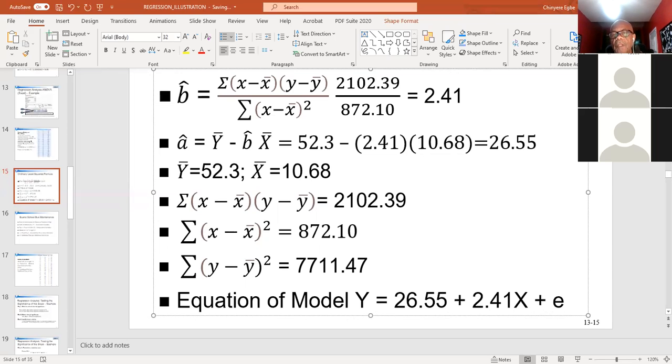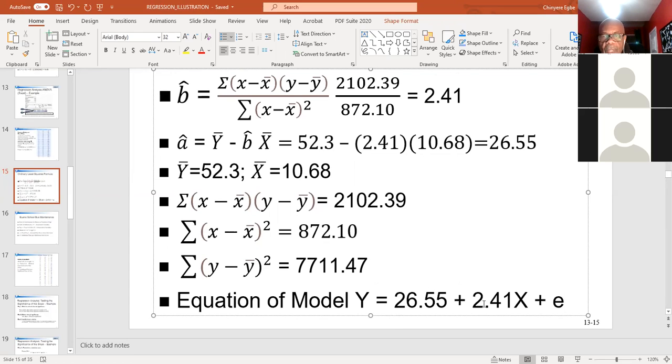What you are saying is that if a company pays zero dividend, then the base price of the stock will be $26.55, which is your A. Remember, the equation of the model is y equals a plus bx.